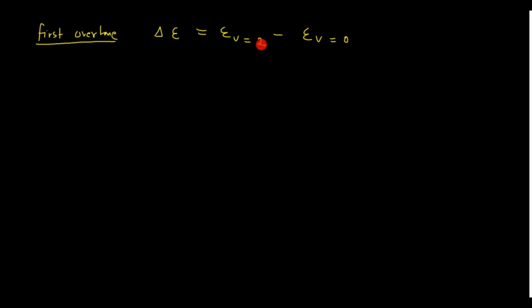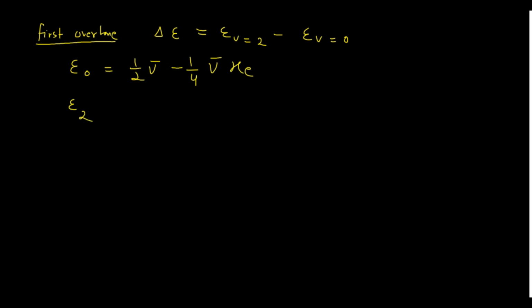That's how I am getting my first overtone. And epsilon 0 you have already calculated, right? It is nothing but half of nu bar minus 1 by 4 of nu bar XE, and then you can calculate epsilon 2.